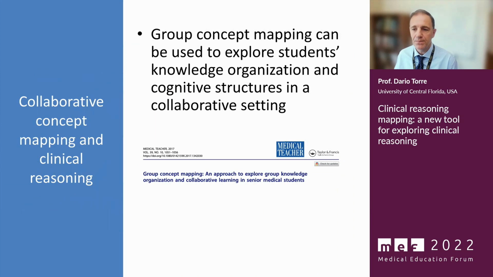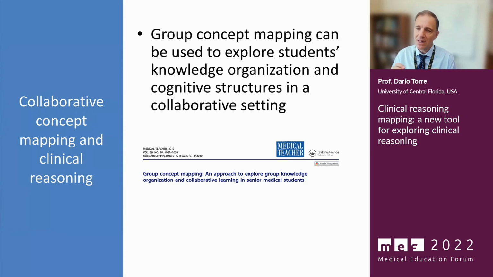Now, another important idea is also the use of group concept mapping, what we call collaborative concept mapping. And this can be used, again, to explore the group knowledge organization. Whether concept maps can also be looked at as an instrument to look at distributed cognition may be another avenue to explore.